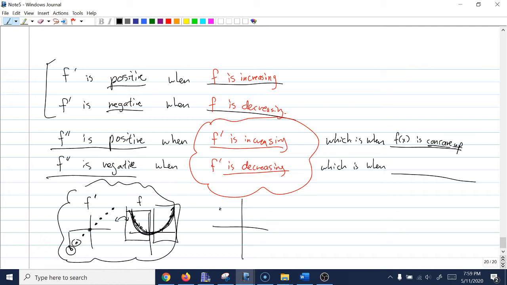And if I did it the other way, I would be steep increase, flatter increase, flatter increase, flat, small decrease, steeper decrease, steep decrease. That would be f of x is concave down.